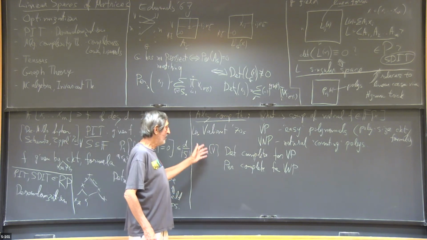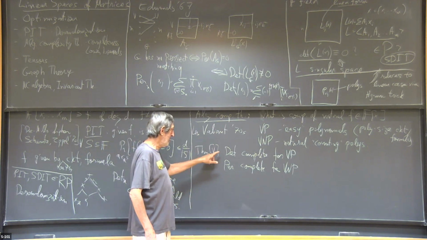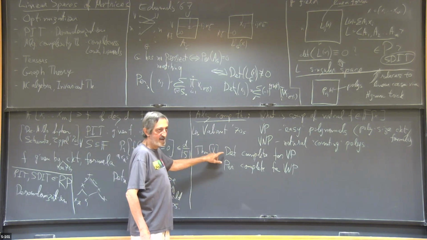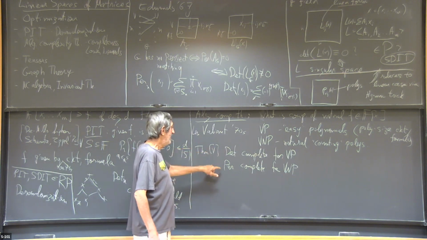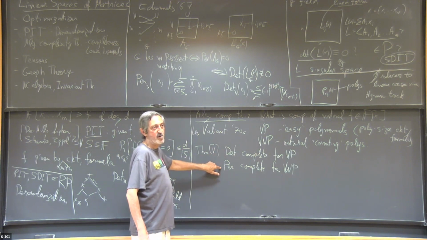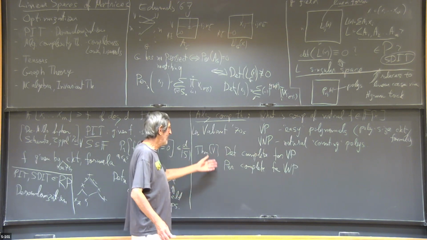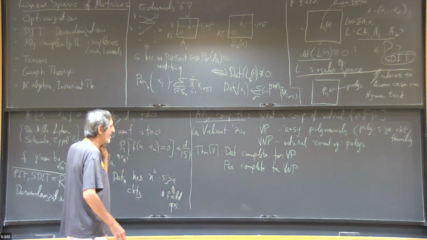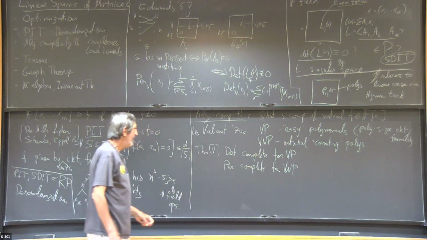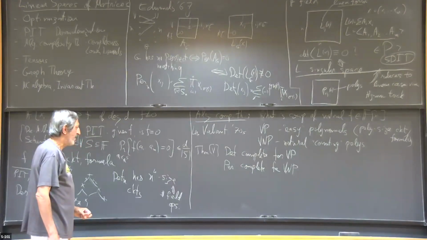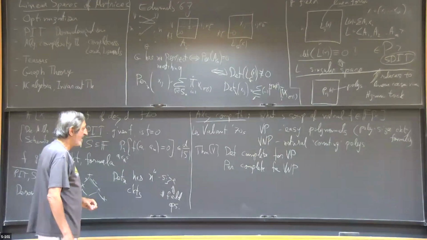Okay, given that, because it's short, I'll prove this. This is one of the more complicated reductions that we have in complexity theory. So I'll not prove this one, but we'll talk about it in a second.